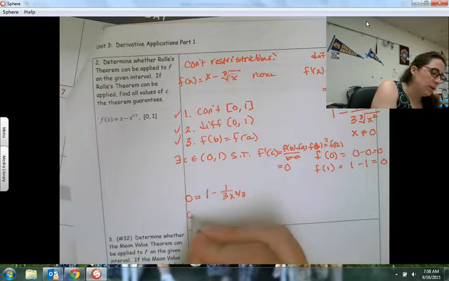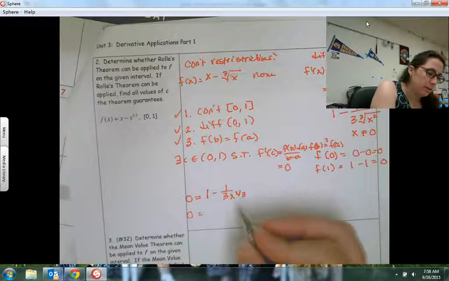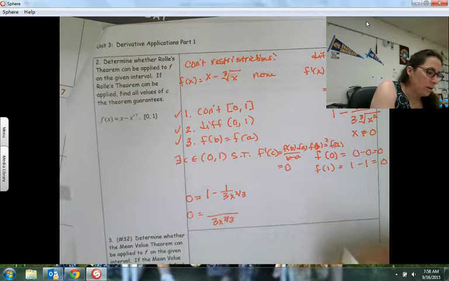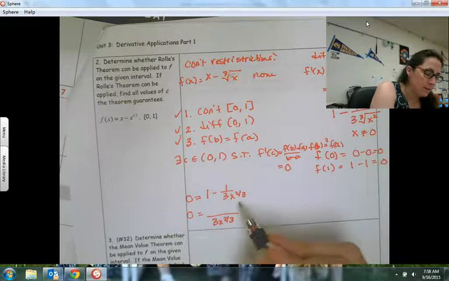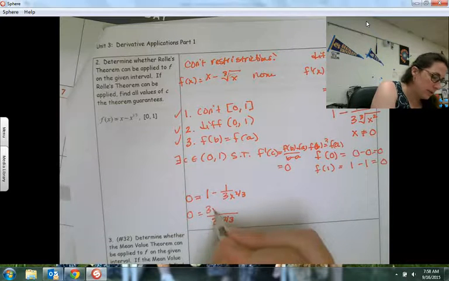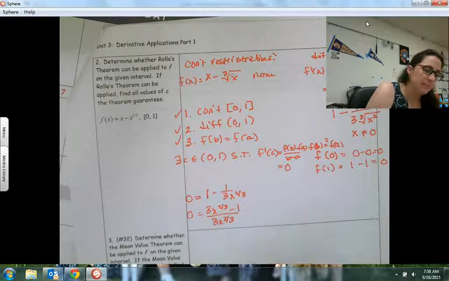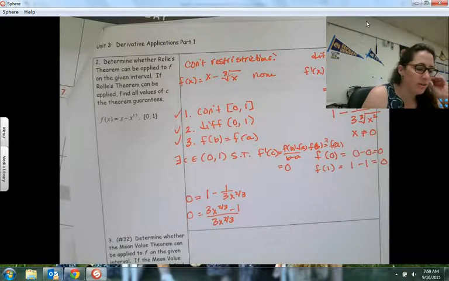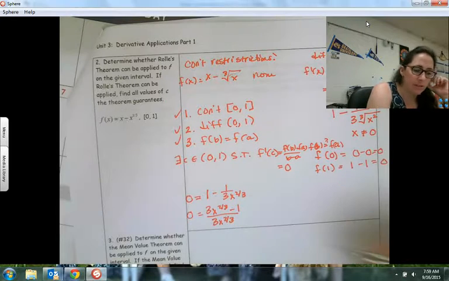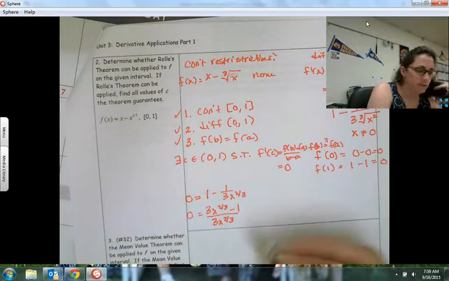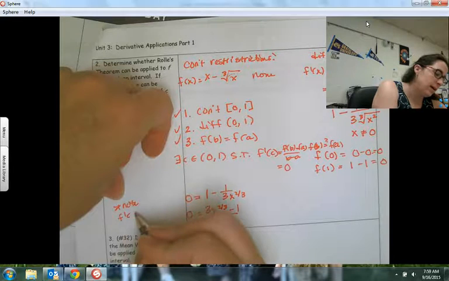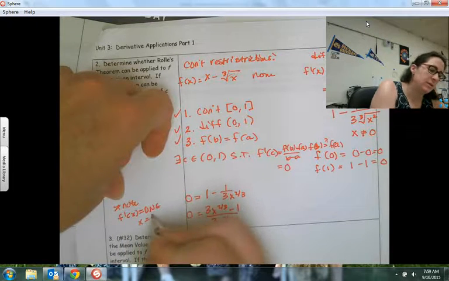So this would be 3x to the 2/3 minus 1, all over, where it equals 0. Now just a little side note: f prime of x doesn't exist when x equals 0.